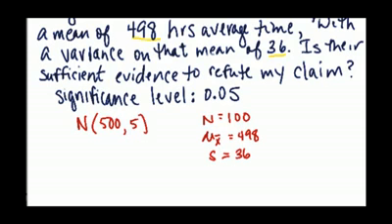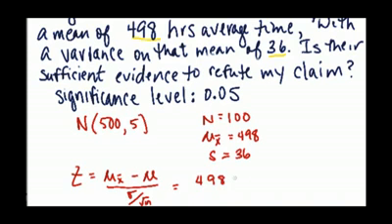So what we do is we look for the z-score first. Z is going to equal mu sub x bar, or x bar, whatever your book uses, over sigma sub m. I don't like to mess things up. I just go ahead and plug in. So we have 498 minus 500.